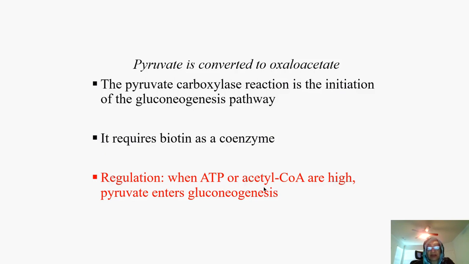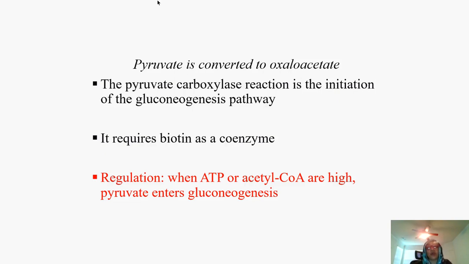Okay, but once we have a high level of ATP or acetyl-CoA, that means it could enter the TCA cycle to produce energy, then pyruvate can start gluconeogenesis. Otherwise, if we don't have acetyl-CoA, pyruvate will continue the decarboxylation reaction to produce acetyl-CoA to produce more energy.